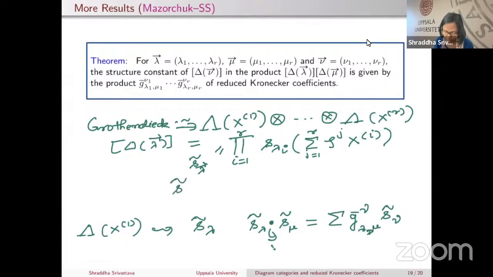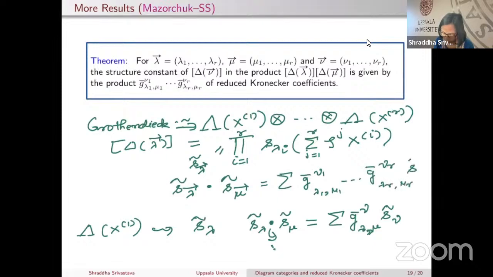So this is the same as these coefficients. This is expected at the level of symmetric functions. I'm not sure about modules.